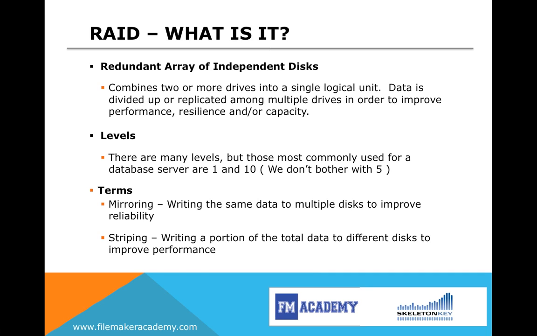With striping, instead of writing necessarily the same data to multiple disks, we're taking a portion of the data and dividing that up amongst multiple drives. That allows us to access the data faster, because we can get, say, half the data from each drive.